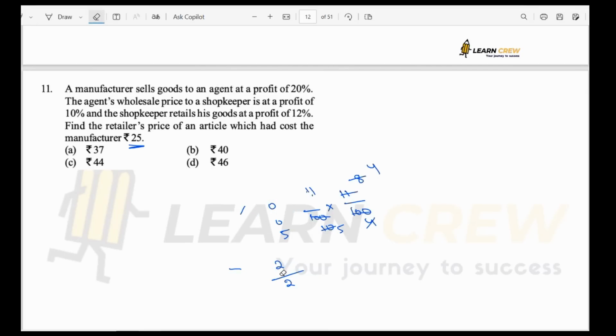Once again, see the calculation. So you should get that value.